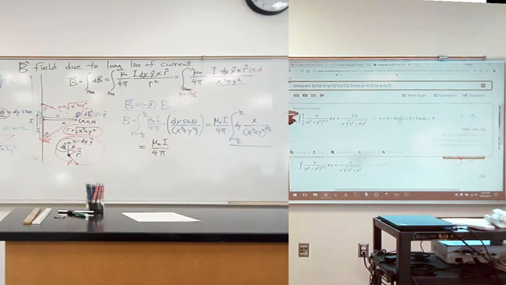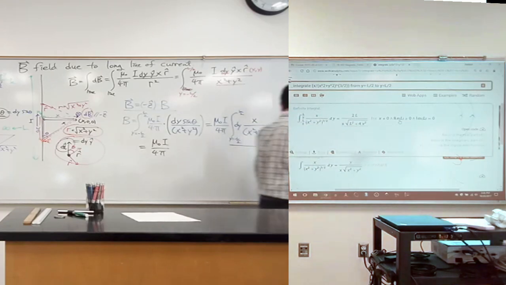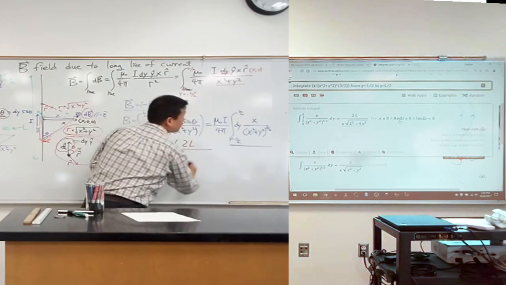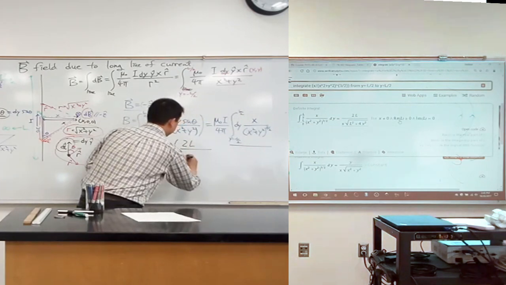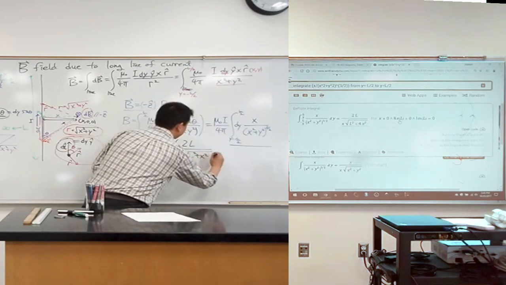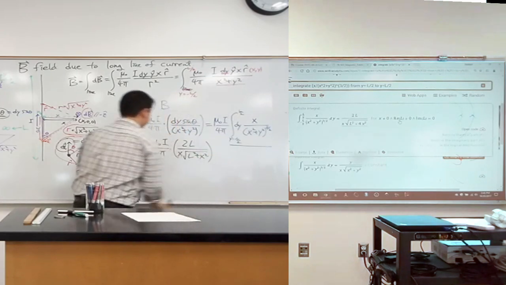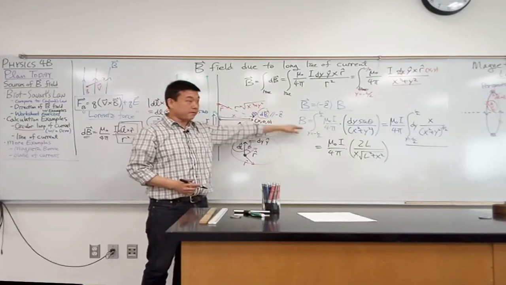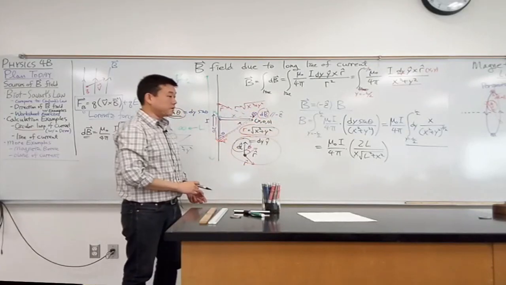I plugged in these limits of integration already. So it's just this. So it's all of this times 2L over x square root of L squared plus x squared. And that's it. That's the expression for the magnitude of the magnetic field pointing into the board.